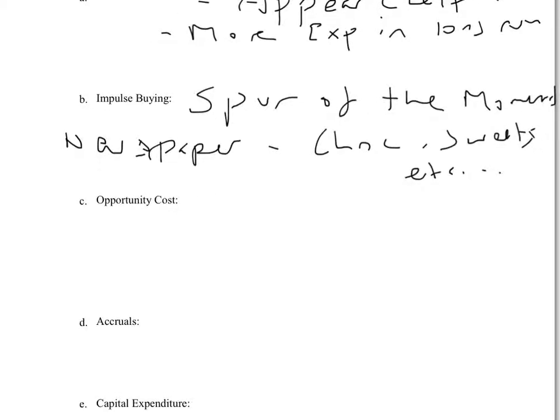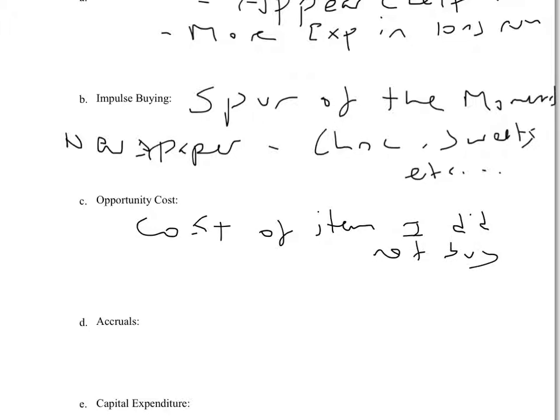Opportunity cost is the cost of the item you did not buy. So if you have 2 goods, a Mars and a Snickers, you choose the Snickers. Opportunity cost then is your Mars.